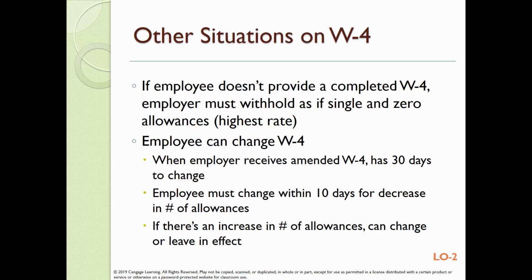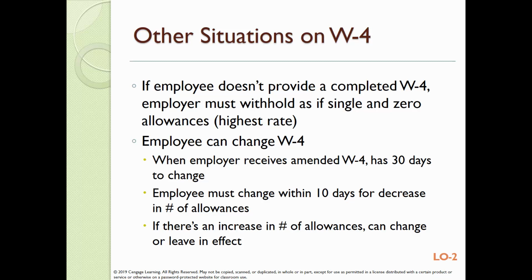Other situations on a W-4: I give you guys W-4s to fill out, and a couple of you don't get them back to me. And now it's time to run the first payroll. I have to withhold at the highest rate. Single is 0. An employee can change your W-4, so if you get married, or you have kids, or you lose custody of kids, or you get divorced, or anything like that, you can change your W-4, and as your employer, I've got to input that into the software and process that.